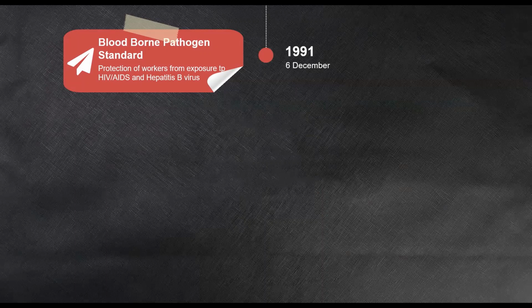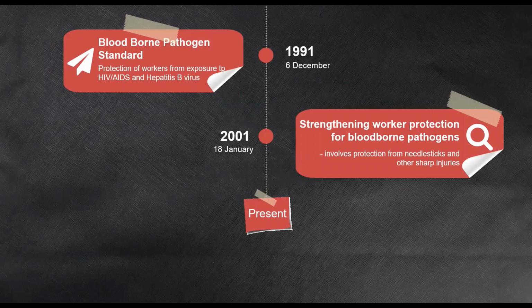Because of the bloodborne pathogen standard, there was a dramatic reduction in the number of hepatitis B infections among healthcare workers. In relation to this, in 2001, the Needlestick Safety and Prevention Act was signed into law, and OSHA included in the bloodborne pathogen standard the possible exposure to bloodborne pathogens through the use of needles and other sharps.